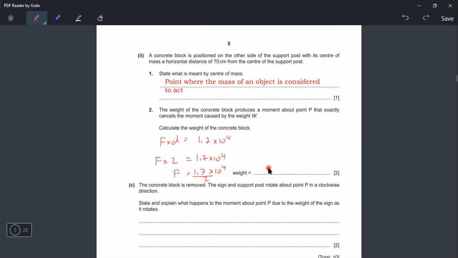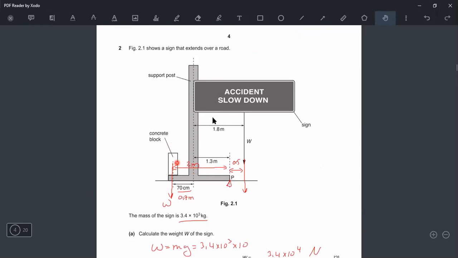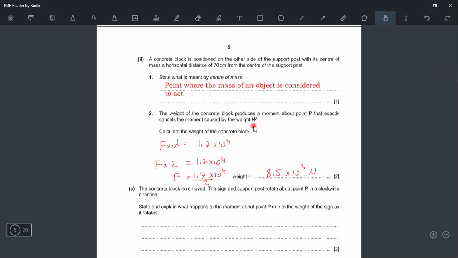This gives us a final answer of 8.5 times 10 to the power of 3 newtons. Now the block is removed. The sign and the post rotate about point P in the clockwise direction, obviously, because the counterweight is now gone, so it's going to rotate clockwise.